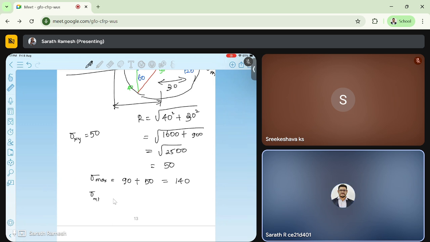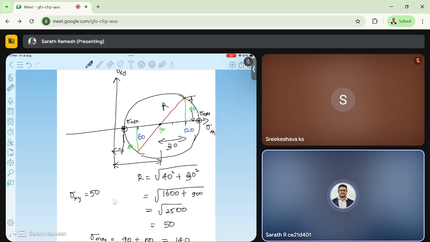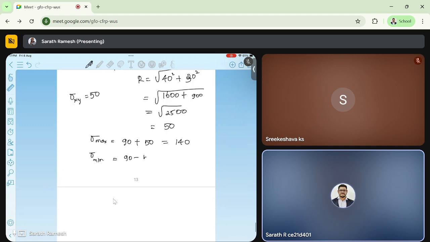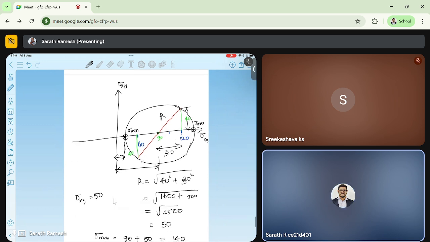Sigma min is only this distance. This is max. So minimum is center minus the radius, 90 minus 50, which is 40. Correct. Fine.